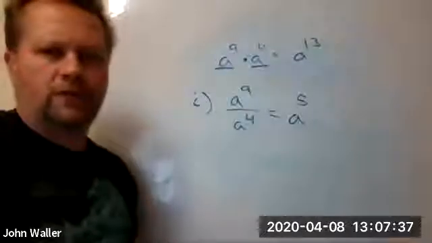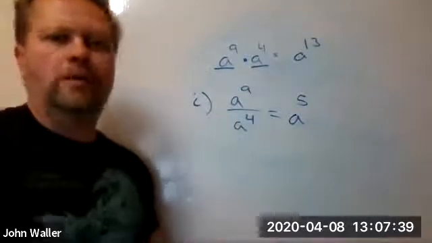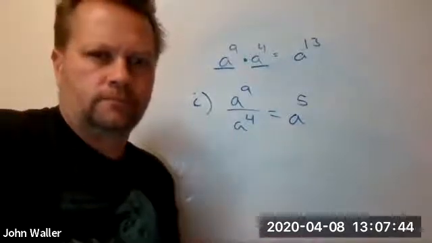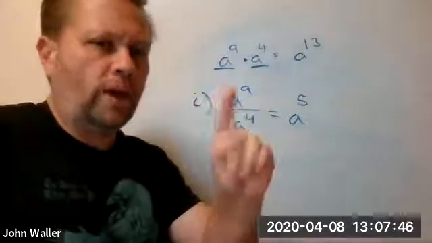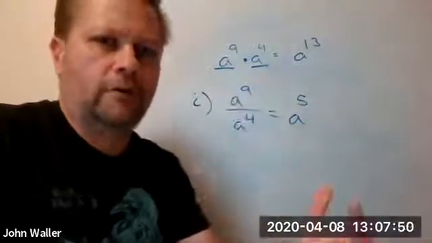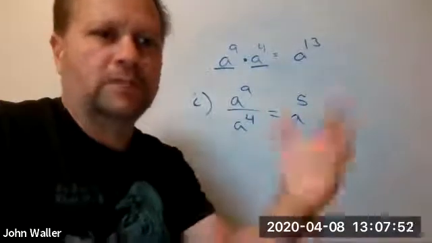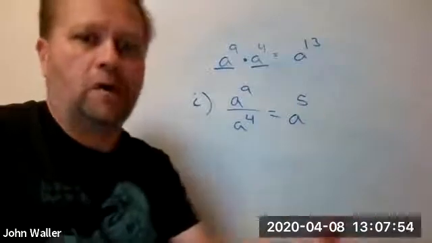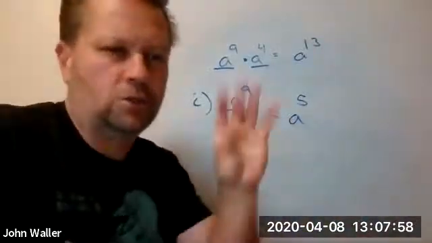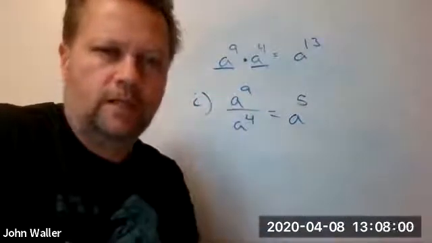So how to say it? a to the 5th. The only one that you say square is if there's a 2. Square and cube are quick ways to say second power, third power, right? The rest of them you just say a to the 4th power, or a to the 4th, a to the 5th power, or a to the 5th. There's no shortcut words.